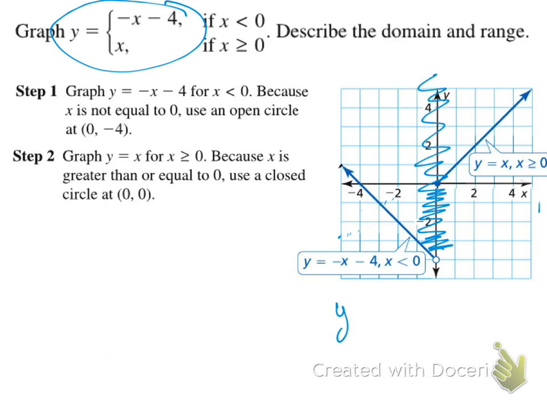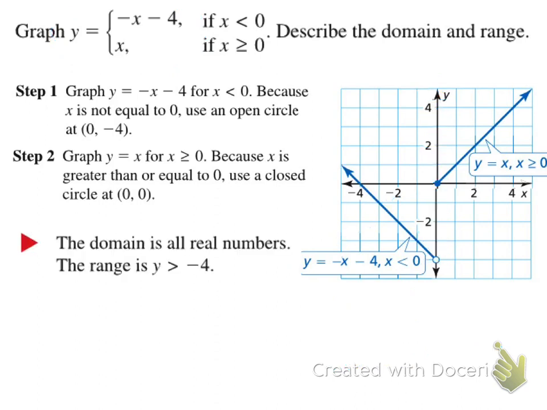So for the range, the y is greater than what number? -4. Does that make sense? But for the domain, it's all real numbers for this piecewise function. Does that make sense? Okay, let's see what else we got.